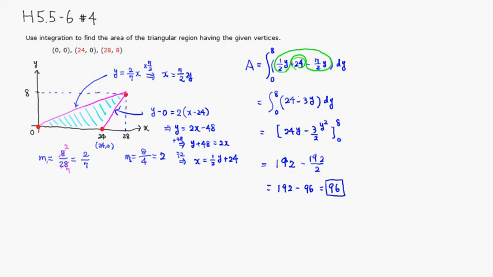Alright, we can actually double check the answer using geometry. Since the base is 24 and the height is 8, the area is 1/2 times the base, 24, times the height, 8.